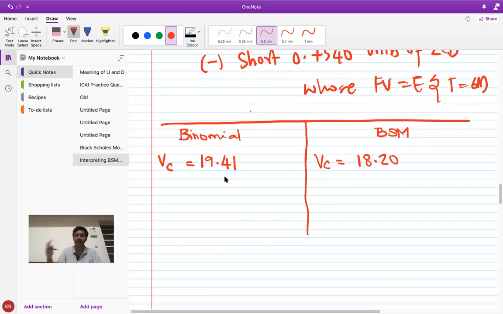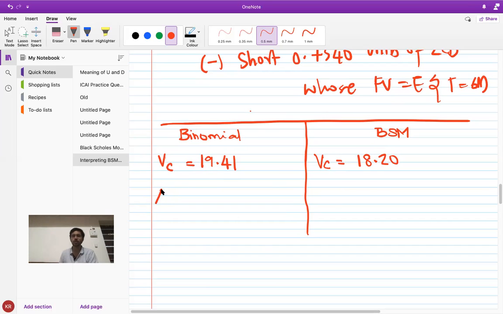Okay, we have now broken those restrictive assumptions, and we are revising our valuation of a call option under the Black-Scholes model, where we say that the share price can change every moment, and a share price can take any possible range of values at maturity. Given those circumstances, the value of a call option is 18.20. Okay, so under Black-Scholes model, we have basically improved our methodology to calculate the value of call option.